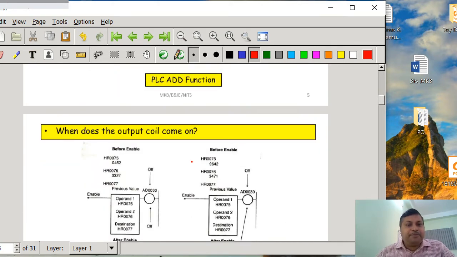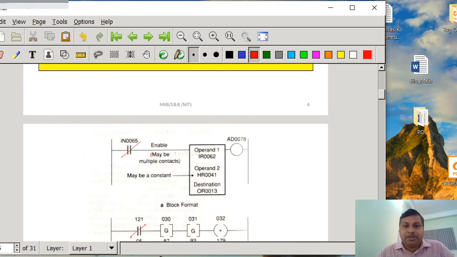Now we have to understand the function of this coil AD0078. Previously, for the counter and timer, we observed that the coil is energized whenever the accumulator value reaches the preset value. Here we have to know how the coil AD0078 is going to be energized.